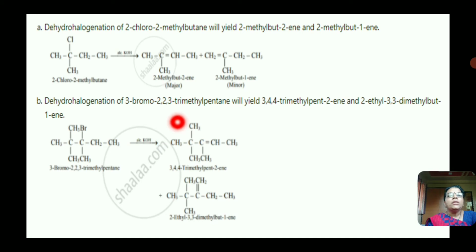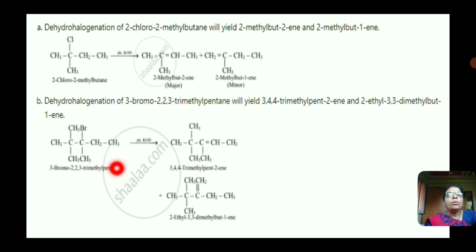Now next is dehydrohalogenation of 3-bromo-2,2,3-trimethylpentane, which will yield 3,4,4-trimethylpent-2-ene and 2-ethyl-3,3-dimethylbut-1-ene. Look here, this is 3-bromo-2,2,3-trimethylpentane.